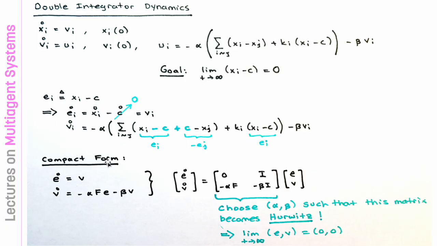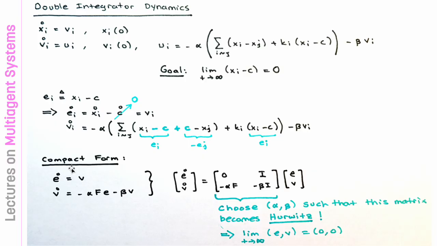Or in compact form, from the first dynamics, e dot becomes v. v is v1 to vn, e is e1 to en. These are now vectors, no longer scalars. And v dot becomes minus alpha multiplied by L plus K, where L plus K is F, if you remember from the previous lecture, I am using the same convention, F e minus beta multiplied by v.